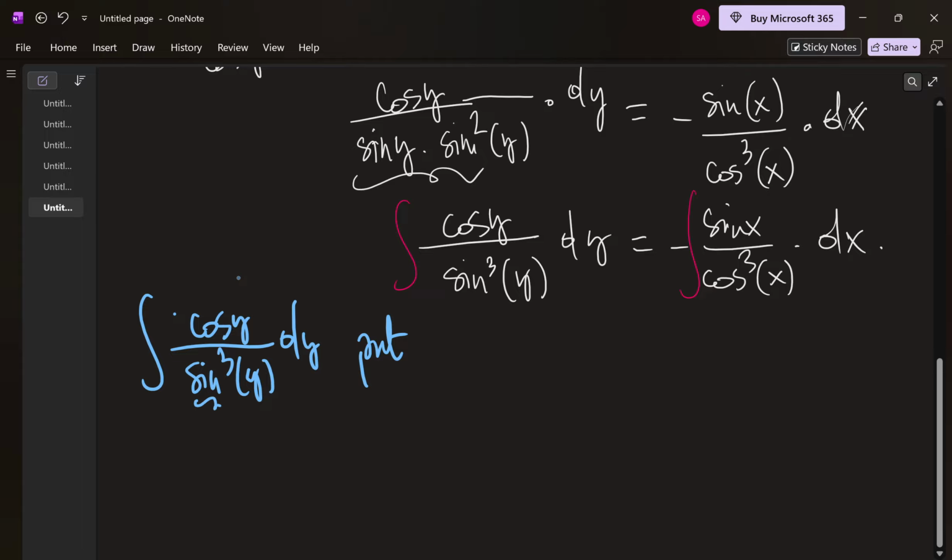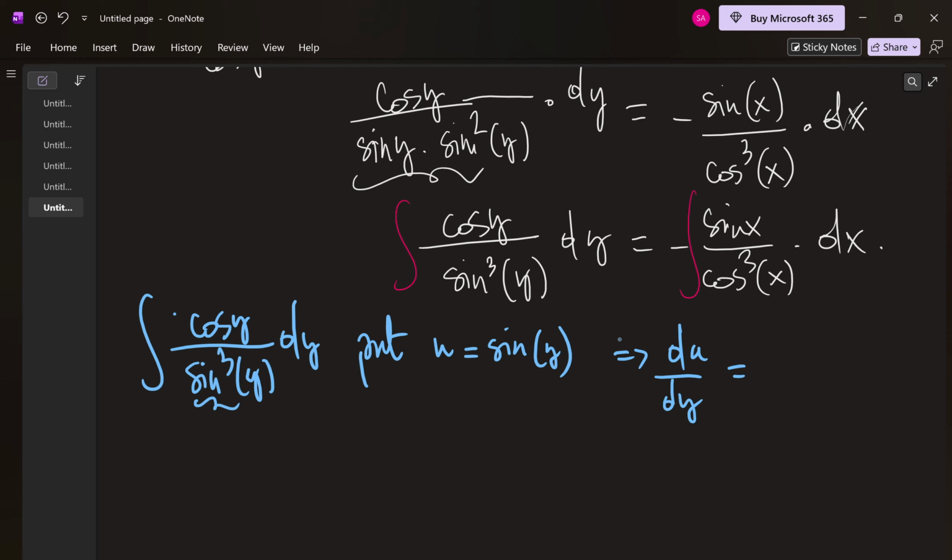We will take u as sine y. So du over dy is equal to, what is the derivative of sine?